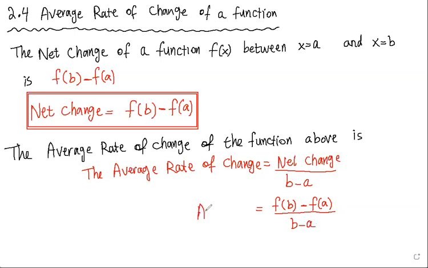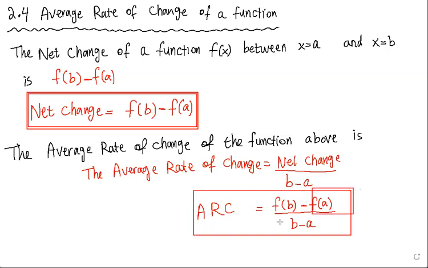This is the average rate of change. So the formula for the average rate of change is equal net change over b minus a. The net change is given as f of b minus f of a. So I plug net change f of b minus f of a over b minus a. Is the formula clear here? So this is the average rate of change.